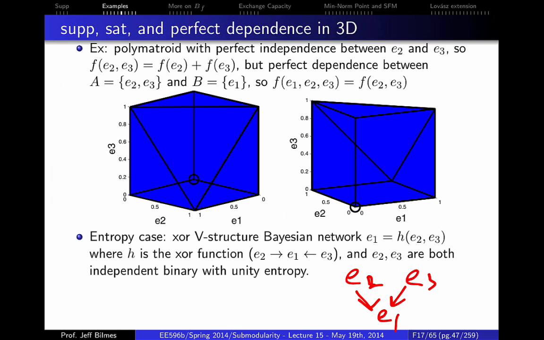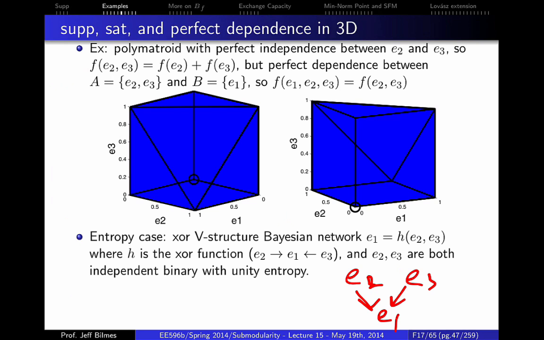E2 and E3 form a V structure, meaning that E2 and E3 are independent, say, binary random variables, and E1 has as parents E2 and E3, and E1 is the XOR of E2 and E3. So they're pairwise independent, but any two fully determine the remainder.